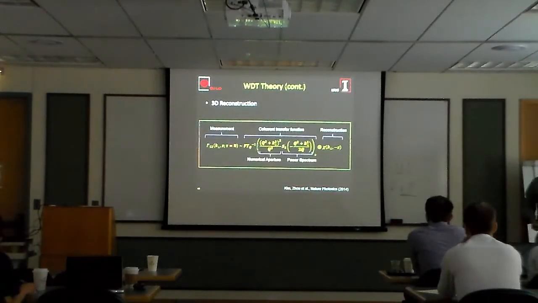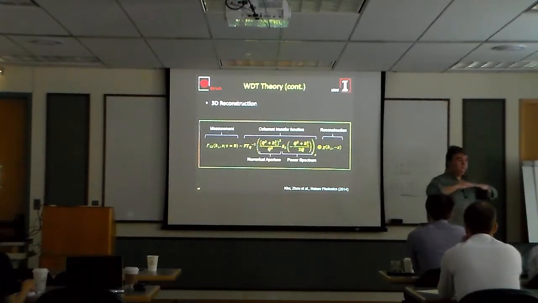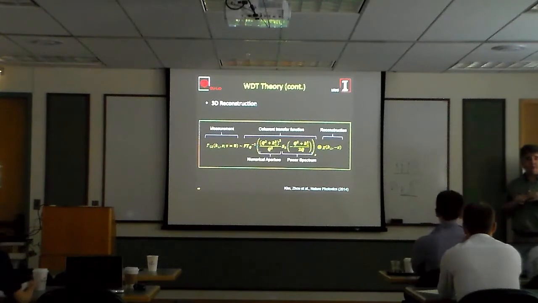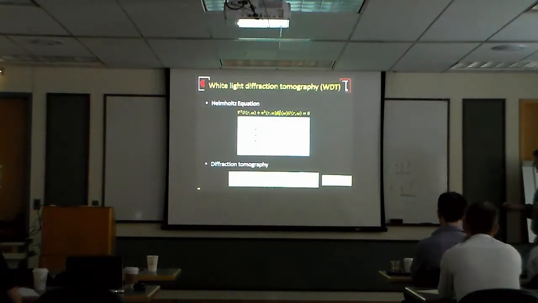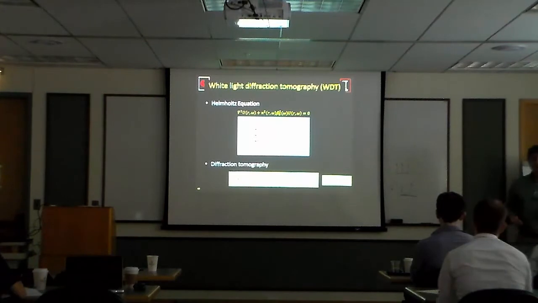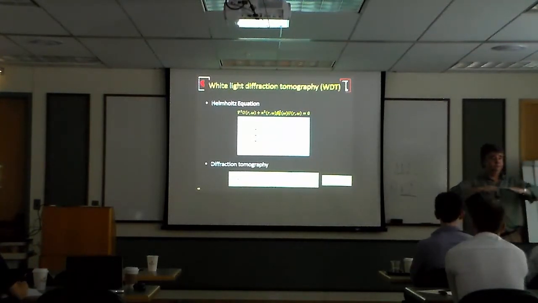The problem with us, SLIM, is that we wanted to solve the inverse scattering problem, but we needed to generalize the 1969 paper in two aspects. One was that we had white light, so this equation doesn't hold, and we had to integrate over all frequencies. And second, our measurement is in the image plane.